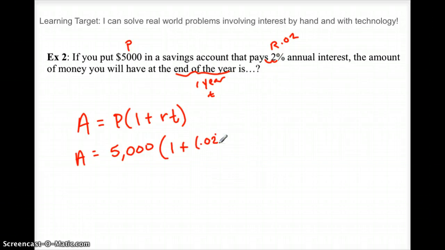And my time, since it's at the end of a year, is just 1. Okay, so what does A equal? A is going to equal $5,100 if you calculate that. Okay.